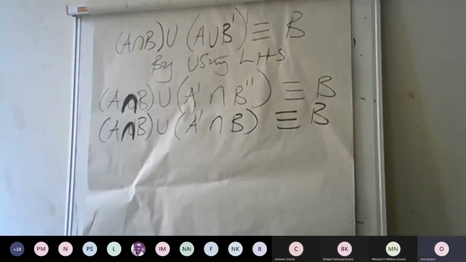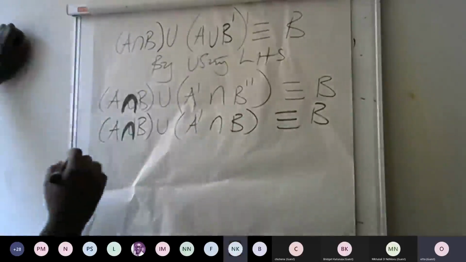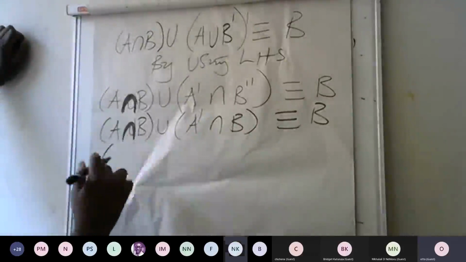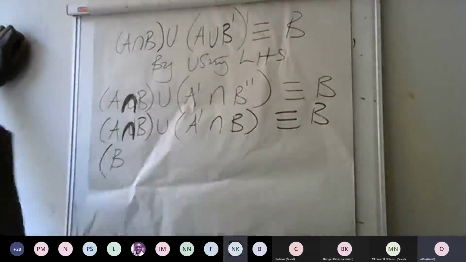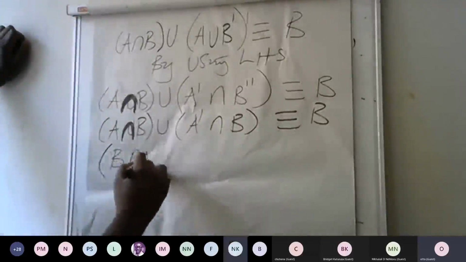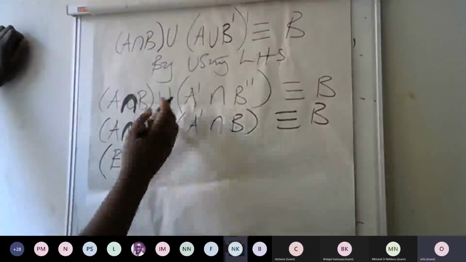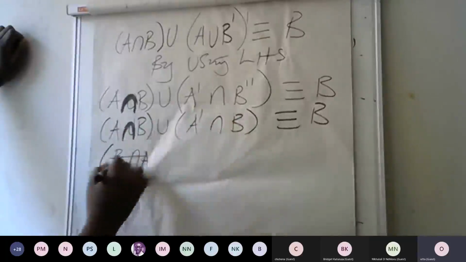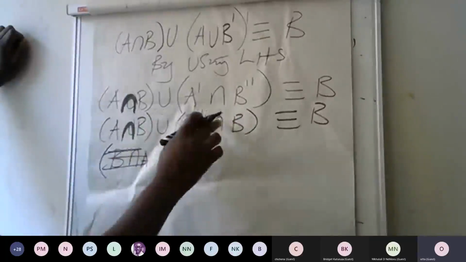So we can now, because we have things that we can see from that proof which we can make use of, by the commutative law I can change this one to be intersection A if I want, or I can leave it like that so that I move this one.